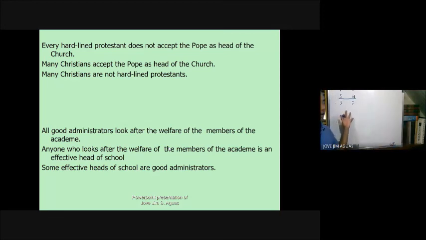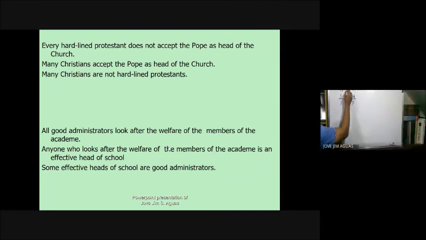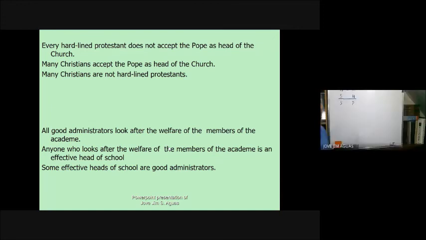Okay. So now you put the quality and quantity. All hardline Protestants, so this is universal, does not accept the Pope, meaning that is a negative proposition. And since it's a negative proposition, what is the extension of the predicate? Universal. Correct. Now, many Christians, P or U?